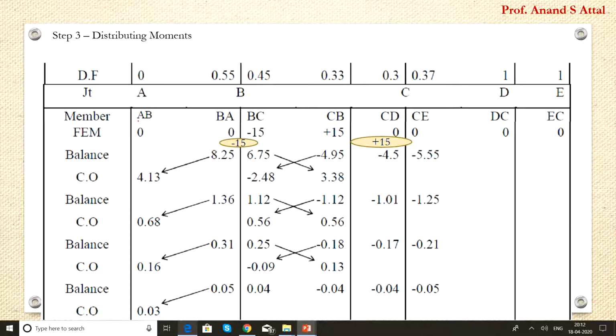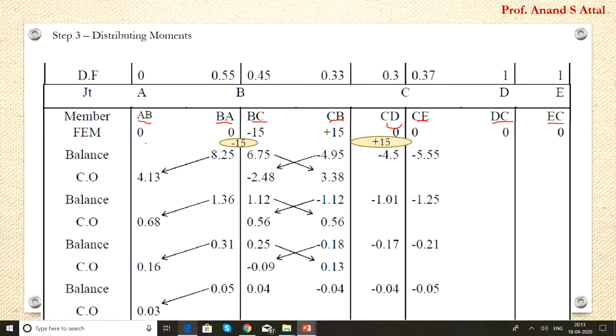On joint B there are BA and BC. On joint C there are three members, CB, CD and CE. On joint D there is DC, and on joint E, EC.